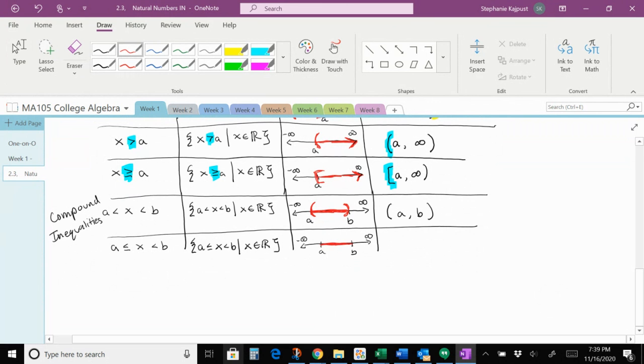We're still shading in between, but what changes is we changed a from a less than to a less than or equal to, which means it changes from a parenthesis to a bracket. But b is still a less than symbol, so that's still going to have a parenthesis. And then in interval notation, when I'm reading it left to right, a has a bracket, b has a parenthesis.